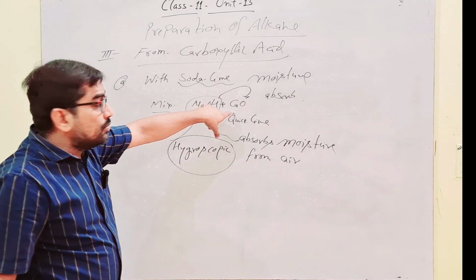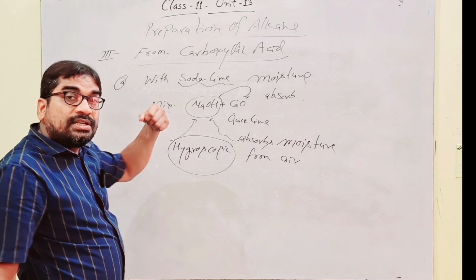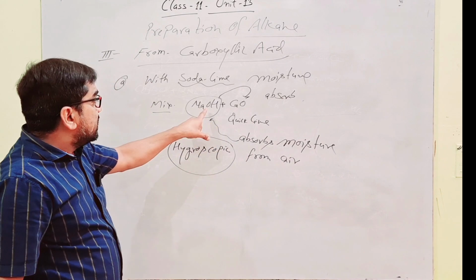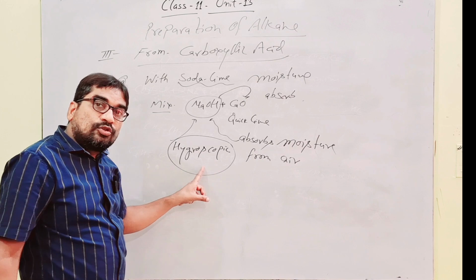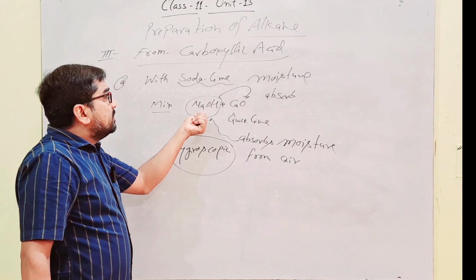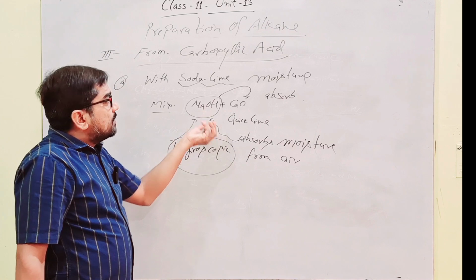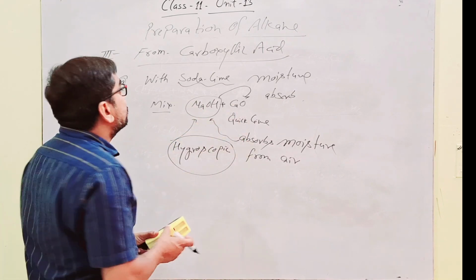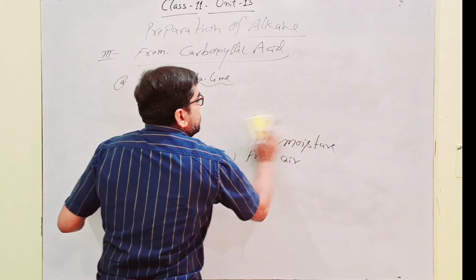Soda lime is used in the formation of alkanes from carboxylic acids. Here NaOH, due to its hygroscopic nature, absorbs moisture from air, and it becomes dry due to absorption of moisture from NaOH by CaO.